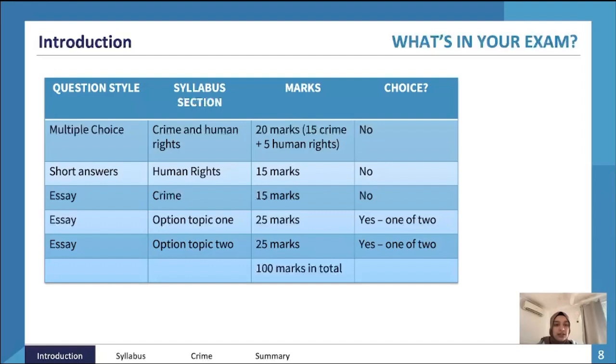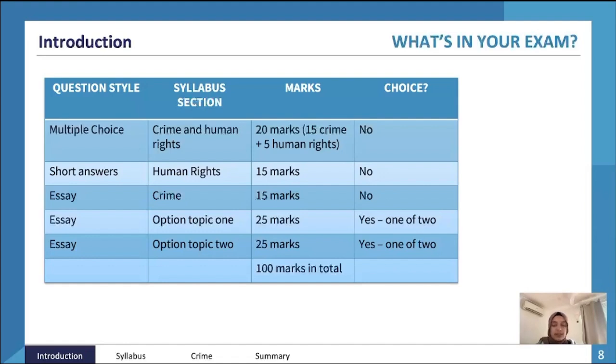Because legal studies is one of those subjects where it's not all the topics mixed, where you can get an essay or a multiple choice on any topic. It's very much split in terms of the different marks, and they let you know which topic.